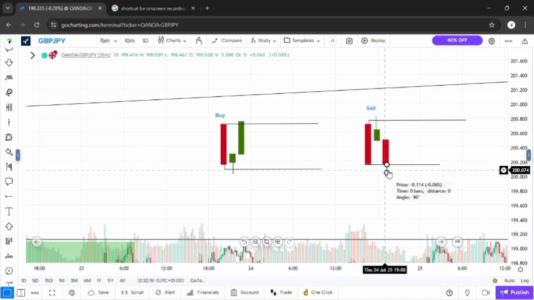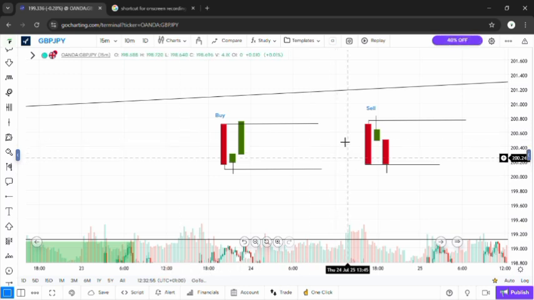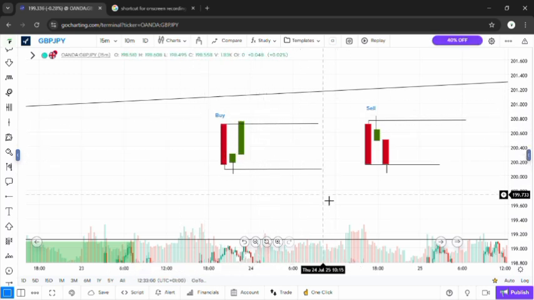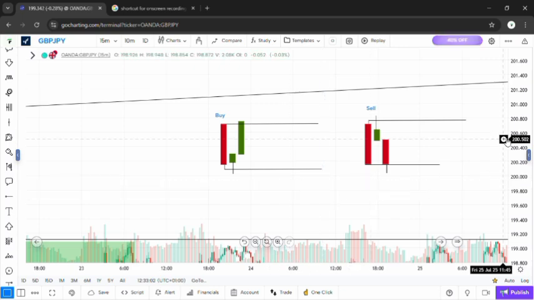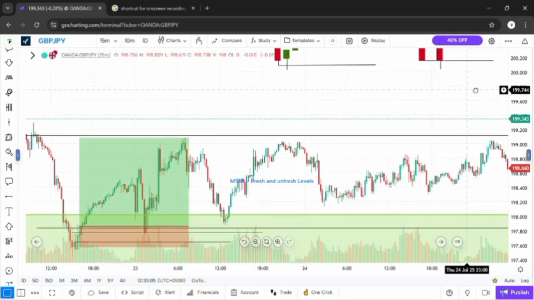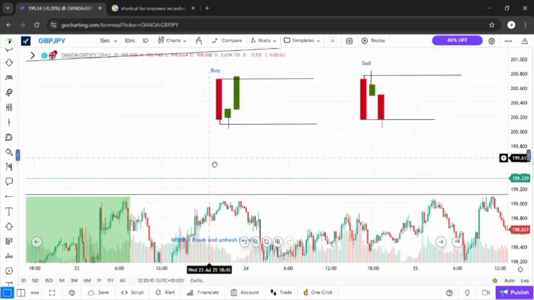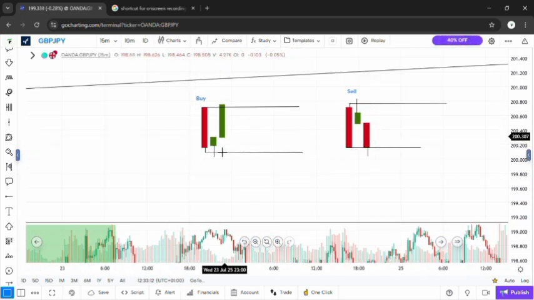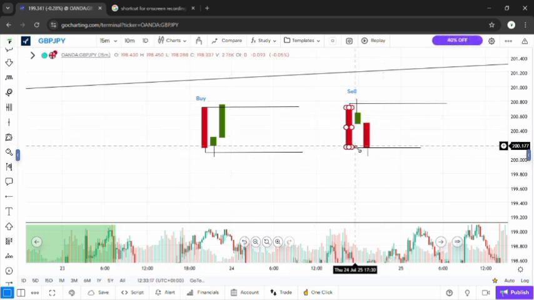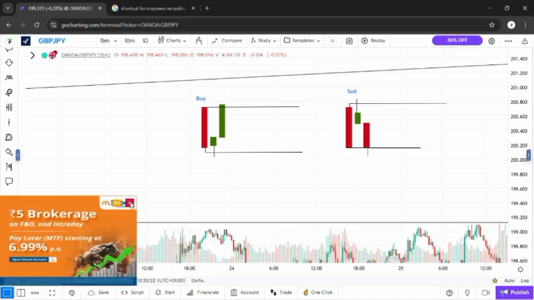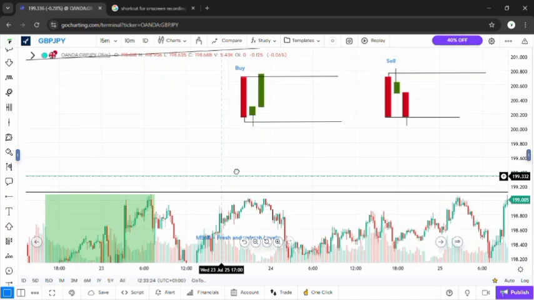Once you can be able to detect this pattern on a higher time frame, switch down to a lower time frame, just as I did here. It is not different from this. I've been able to structure my eyes to see this pattern, and this pattern will always form at a point of value, right?